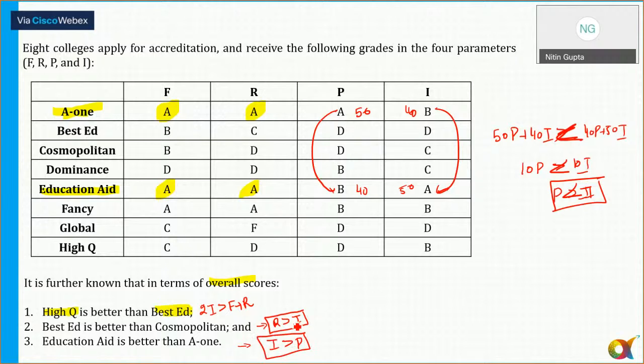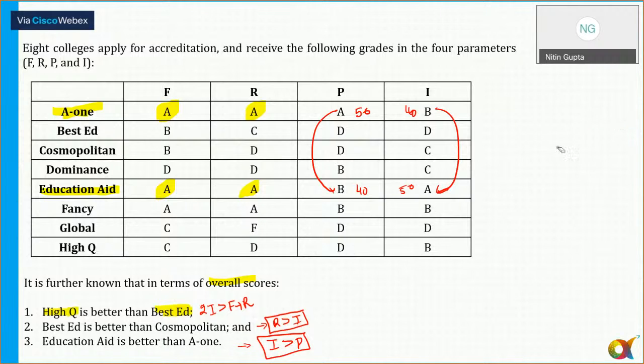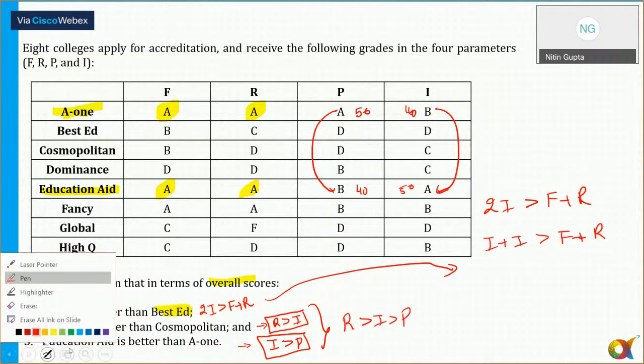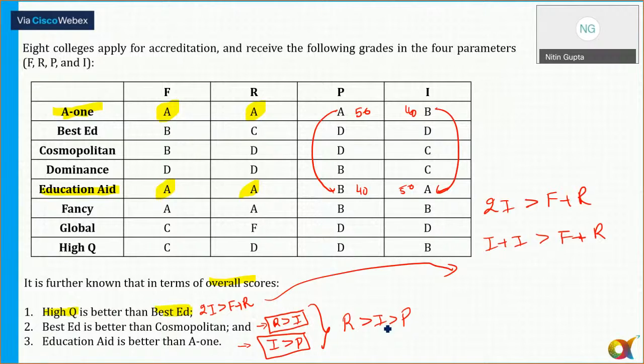So any doubts to anyone now regarding any of these 3 points? So I is greater than P. So we have found out that I is definitely greater than P. Also, if I combine these two, I can say R is greater than I, and I is greater than P. Now, here, this statement, we know 2I is greater than F plus R. I plus I is greater than F plus R. And R, we already know, is larger than I. So R is large and I is small.